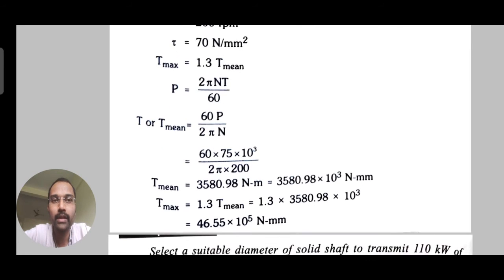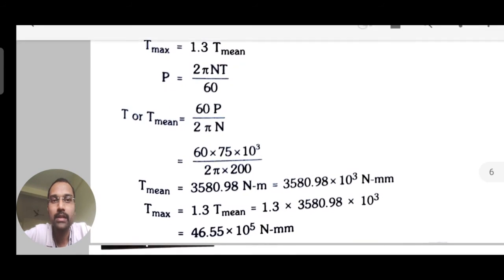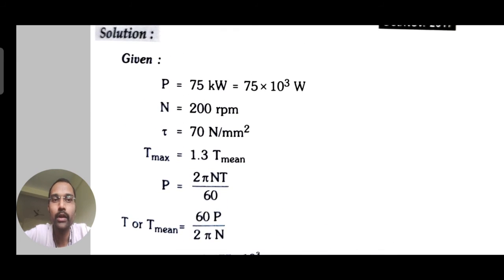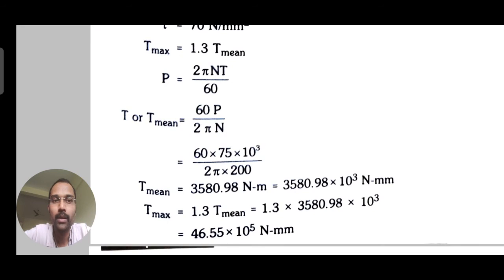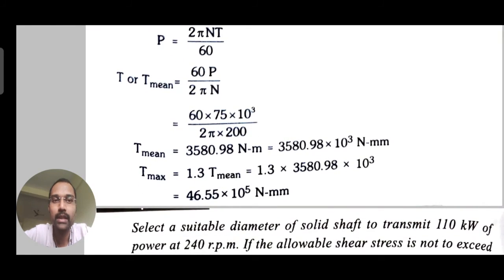So finally it equals 60 into 75 into 10 to the power of 3 by 2 pi into 200. P is already given, 75 into 10 to the power of 3 watts. So the mean torque is 3580.